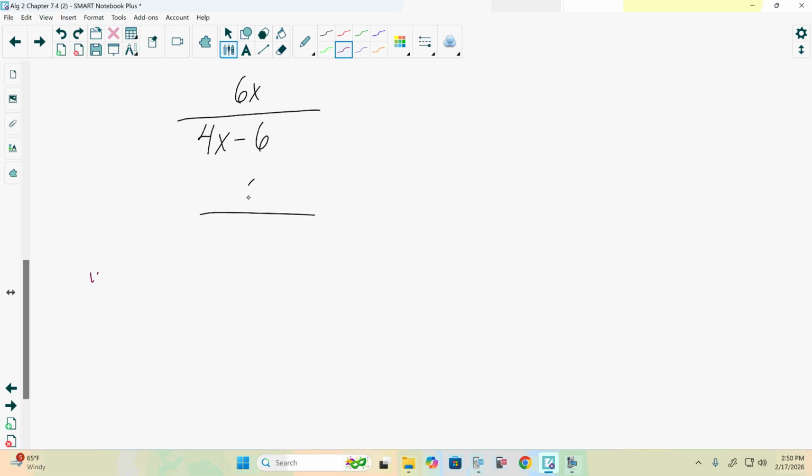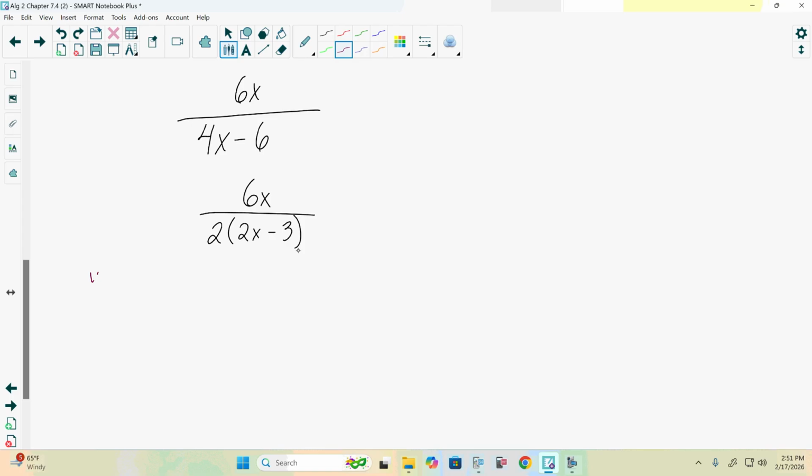Now, factoring that 2 out doesn't necessarily mean that anything will simplify, but we still need to factor it out. We still need to simplify if it can be simplified. Before, with the 6x and 4x, we can't reduce it because the 4x on bottom is being subtracted by the 6.